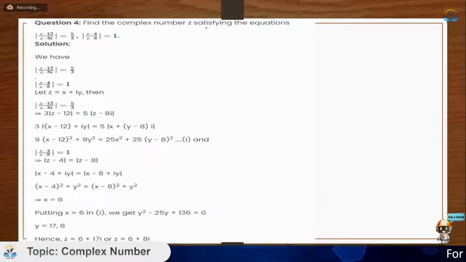Find the complex number z satisfying these two equations. I have been given two equations, and now we have been asked to find the value of z which will satisfy both these two equations.